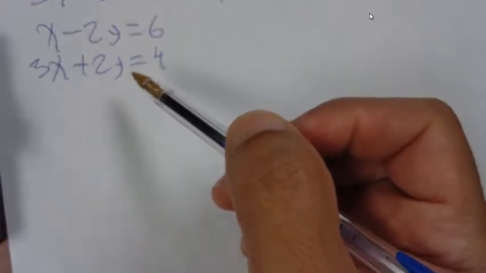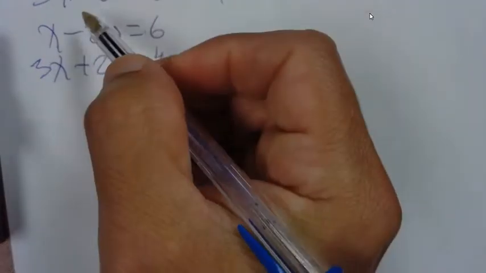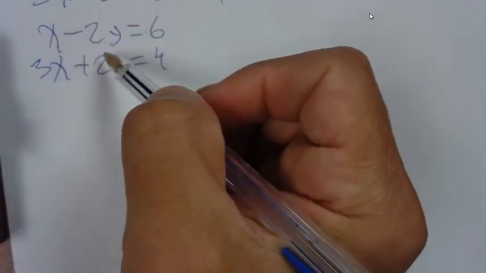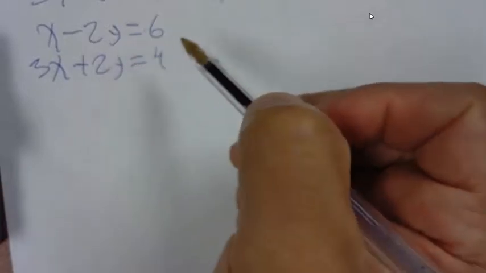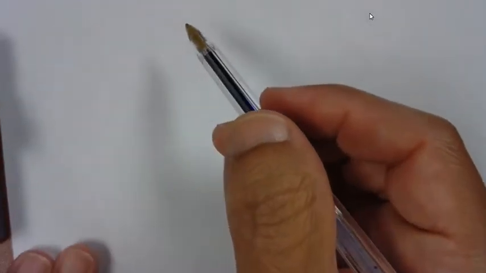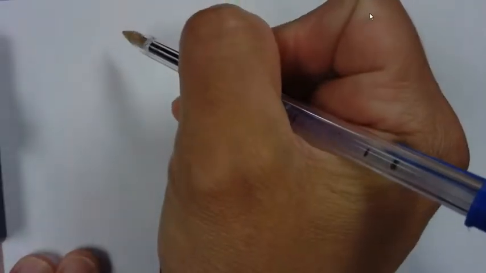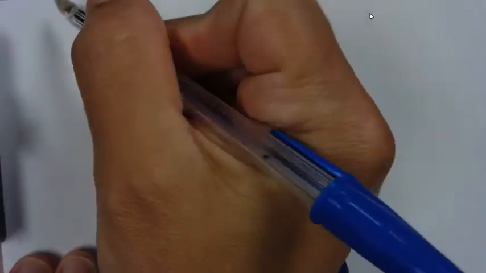Let me start by writing a different system of equations. So let me forget about this for now, and let me write an example of my own, because we need to get this concept straight first.